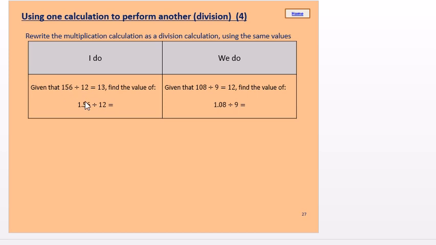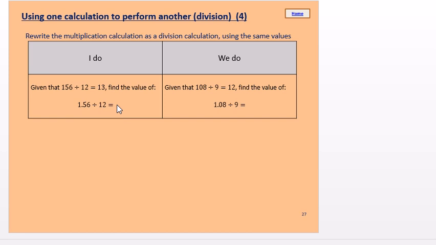But 156 and 1.56, well, 1.56 is 100 times smaller than 156. So our solution will also be 100 times smaller. So if you do 13 divided by 100, you'll get 13 over 100, or 0.13. Please pause the video here.